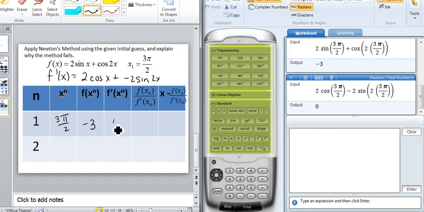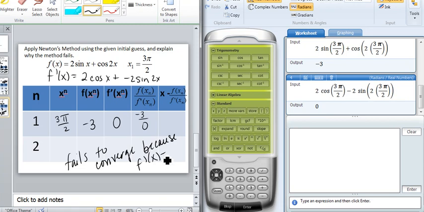Now the problem with this is that if I do negative 3 divided by 0, that's undefined. So this fails to converge because f prime of x equals 0, and you can't divide by a 0.